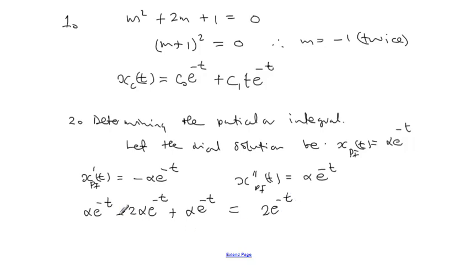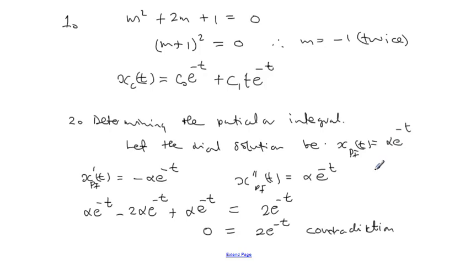Now simplifying the left hand side, we can see clearly that we get 0 equals 2 e to the power minus t. And again, this is a contradiction, which suggests that you shouldn't accept this as our trial solution.